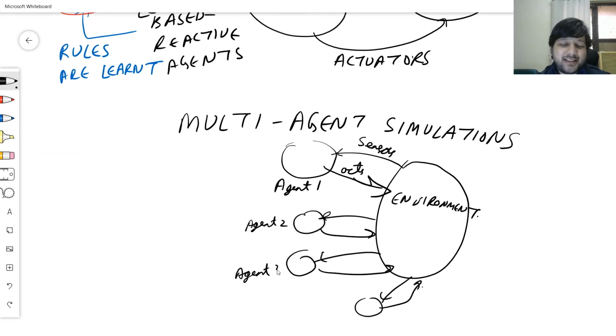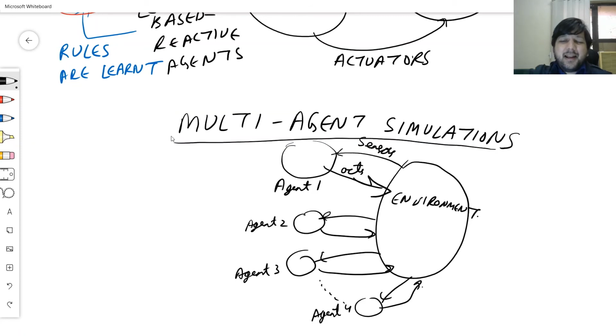And of course, as it may appear, it does not make much of a difference in the standard AI theory whether it be one agent or multiple agents.